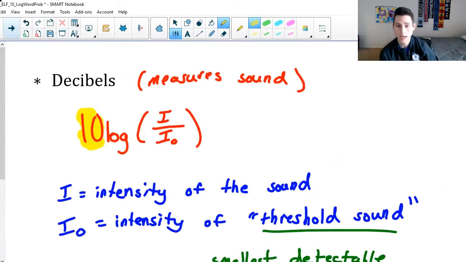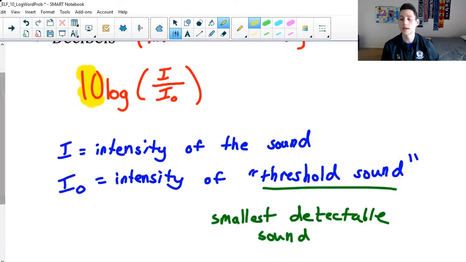But it's still the same: the capital I in the numerator is the intensity of the sound. And in the denominator, the I-naught is the intensity of what we call the threshold sound. So the smallest detectable sound for us. So just like earthquakes are measured in the ground because of their waves, sounds are sound waves that travel through the air, and our ear recognizes and changes into what we hear as sound.